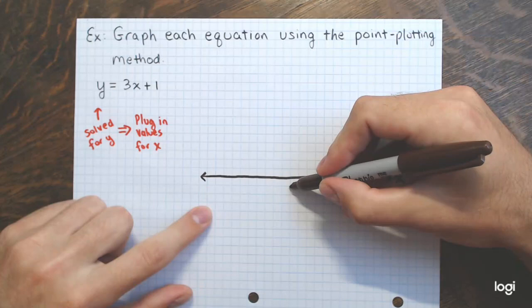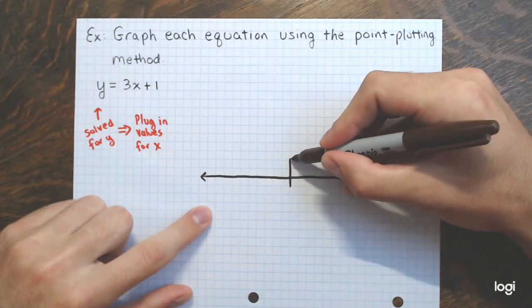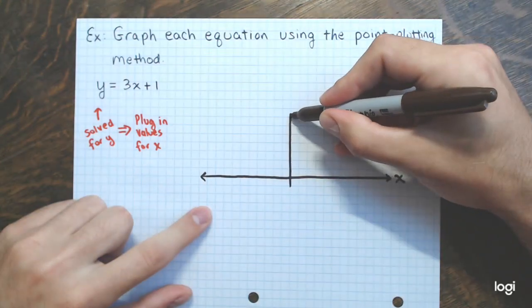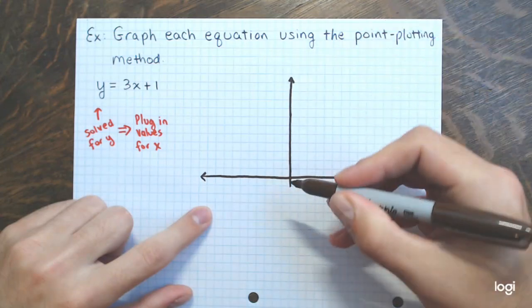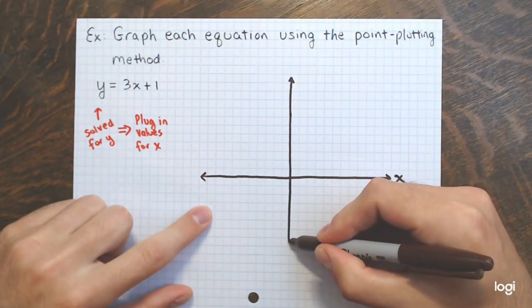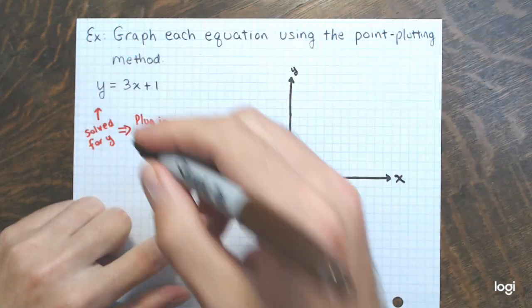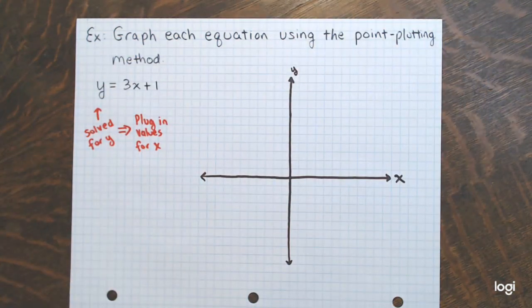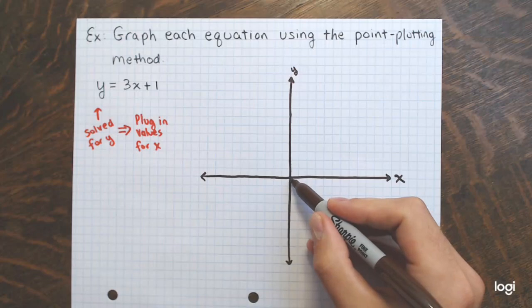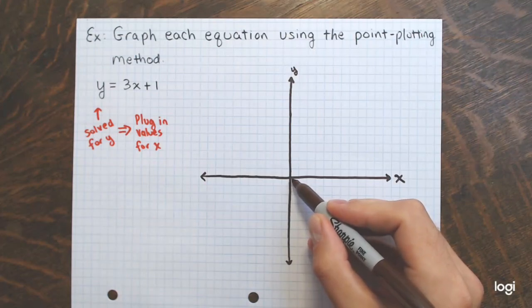Perpendicular to that, going vertically, straight up and down, is another number line that represents all possible values of the y variable, right? The y-axis. Where they meet is called the origin, and that's where the value of x is 0 and the value of y is 0.